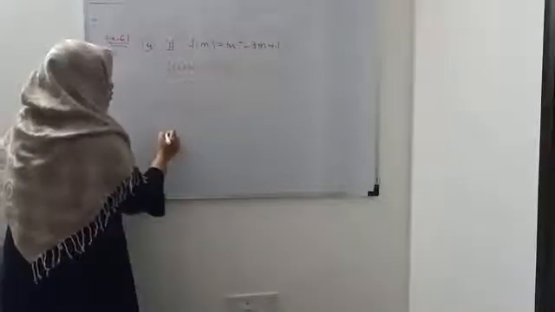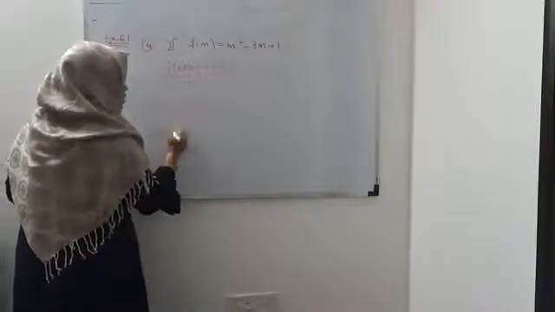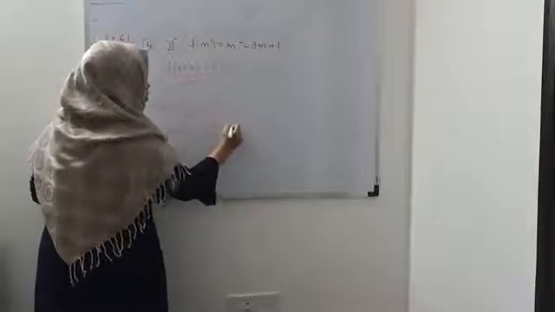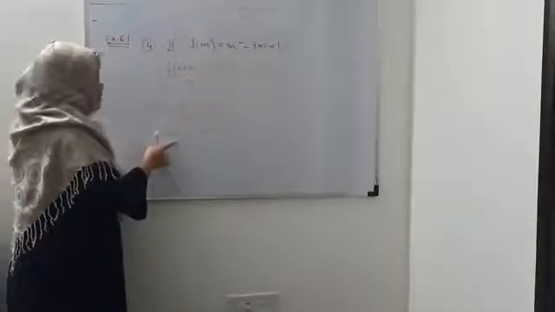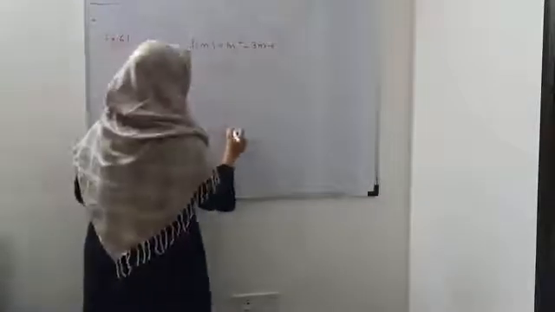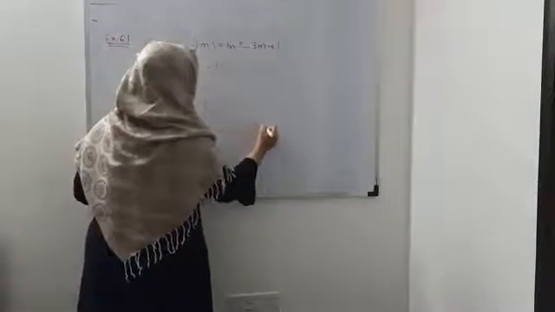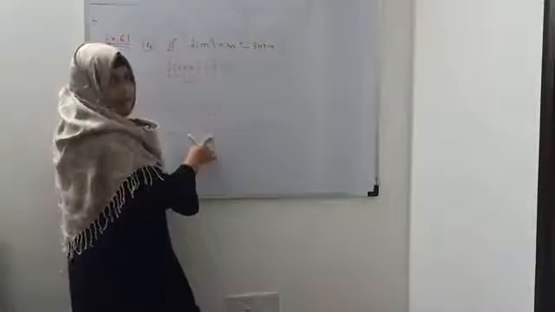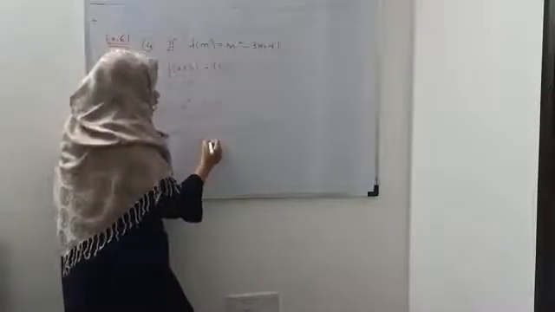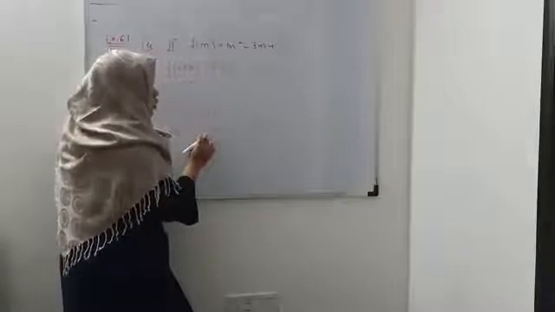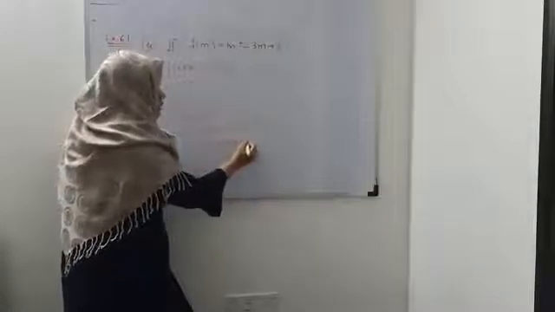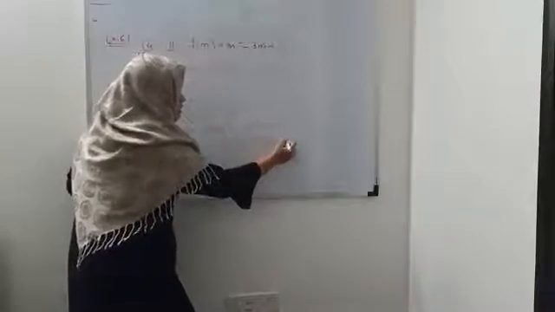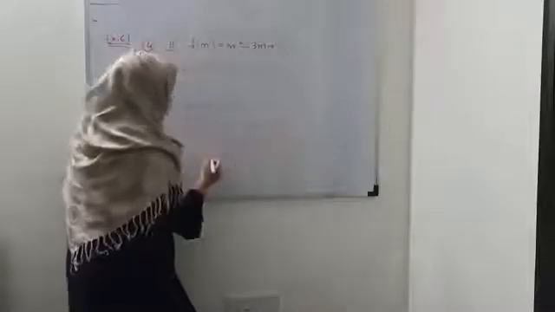Now f of 2 plus h is equal to 2 plus h whole square; instead of m, we will substitute 2 plus h, minus 3 into 2 plus h, plus 1. So open this bracket, a plus b whole square. It will be 2 square, that means 4, plus 2 into 2 into h, that is 4h, plus h square, minus 3 into 2 is 6, minus 3h, plus 1.